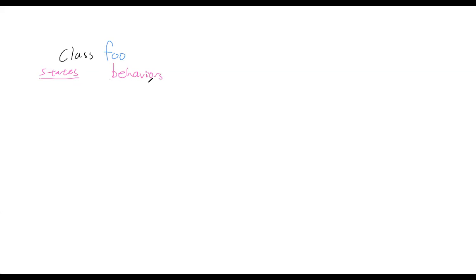These are abstract terms used to describe, in the case of Java, methods, and over here we've got variables. Suppose we want our class foo to be a real class, actually, not just foo. So we'll say this is our class of cat.